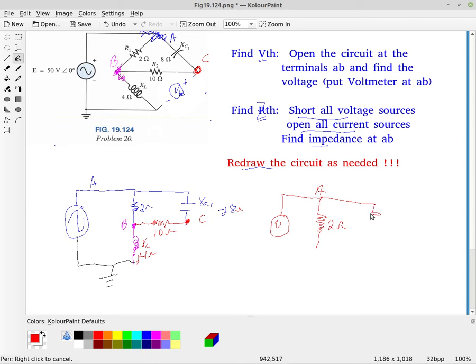This is a capacitor, minus j8, and then there's a 10 ohm resistor. Then these are connected together. This was point B. You could color code it too, but I'm not going to take the time to do that here. This is node B, and then that goes to ground.